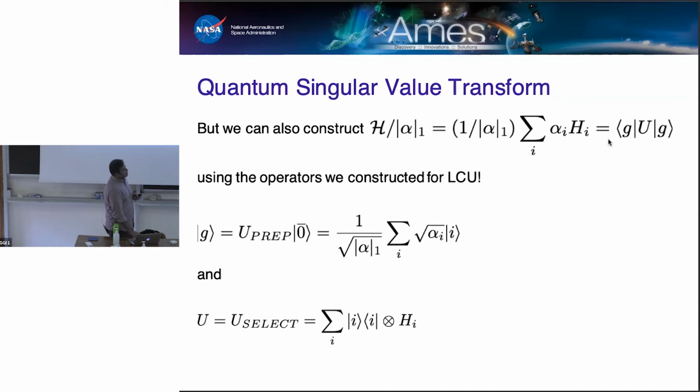Now you can write this out as U being sandwiched by G, where G is precisely the state given to you by the UPrep circuit.